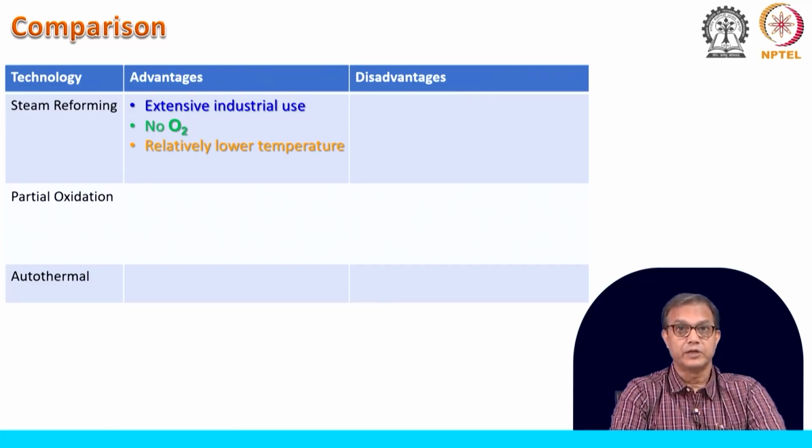So, that will come under the disadvantage part. It has a relatively lower temperature among these three processes that we have seen, and it gives you the best H2 to CO ratio. So, if it is for hydrogen production, definitely it is giving us the added benefit.